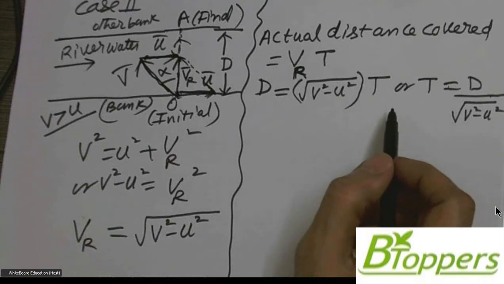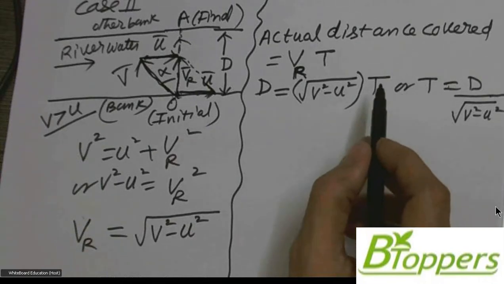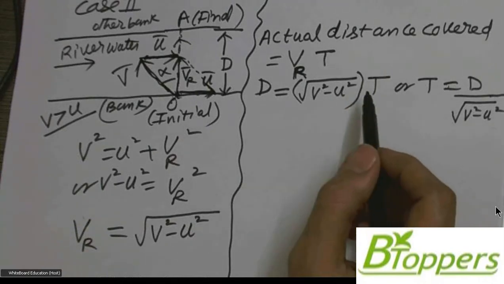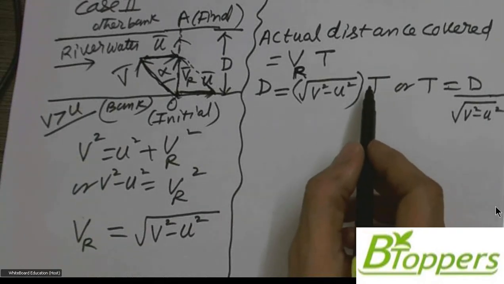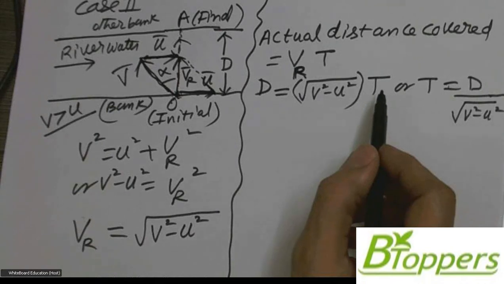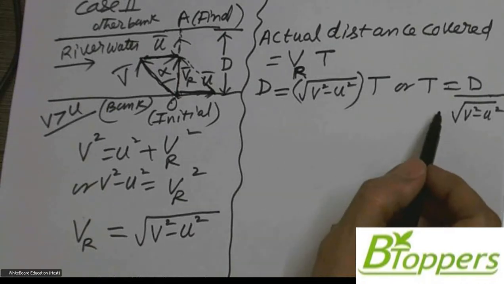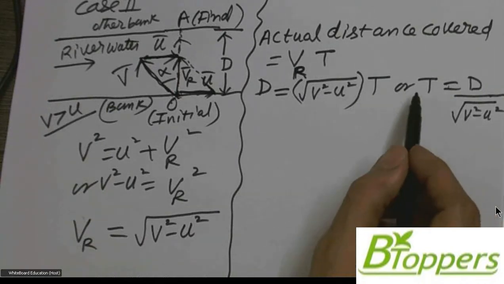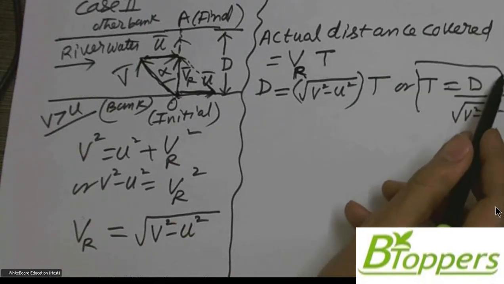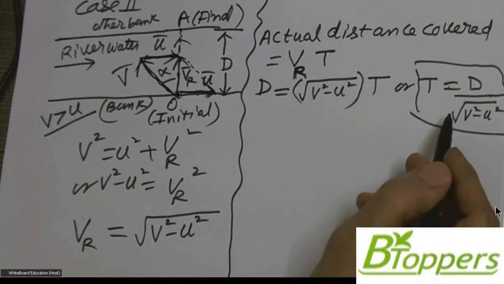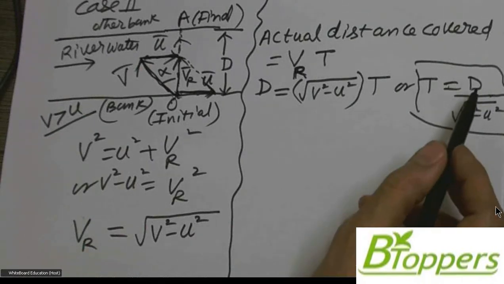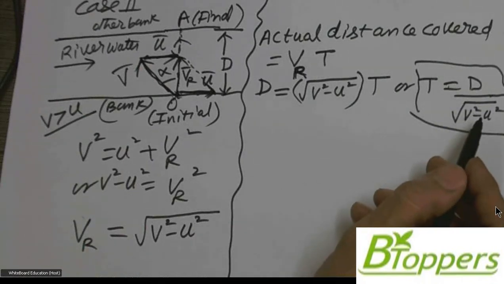So if we are given that the boat crosses the river and reaches the opposite point on the other bank, you can conclude that the boat has moved along the minimum distance path, and directly use this conclusion to find the time taken to cross the river along the minimum distance path, equal to d by root of v square minus u square.